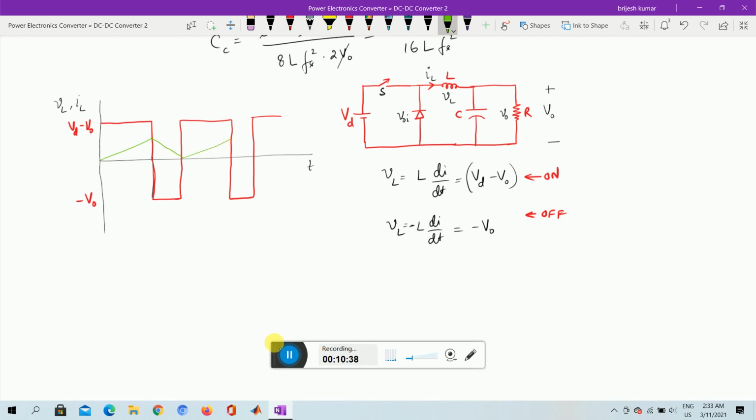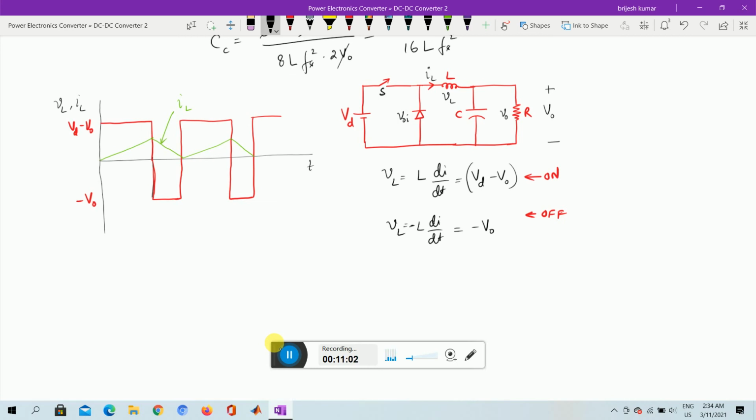Similarly it will rise and again it will fall. And it is seen that this current IL will settle down to 0 before it again starts for the next cycle. So that is a boundary condition here.